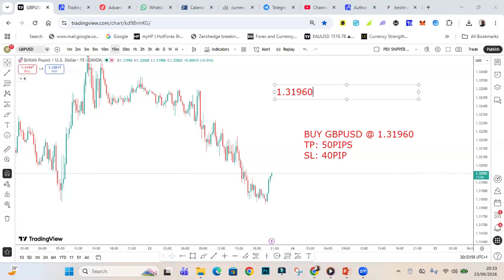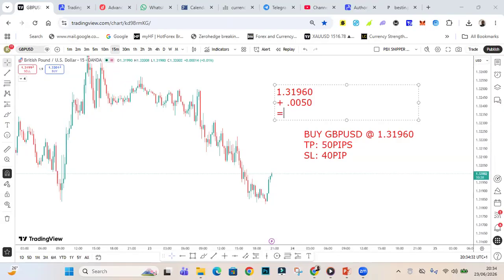Now we say take profit is 50 pips. So we say plus 0.0050, to now be equal to.